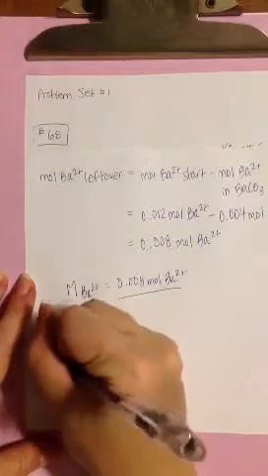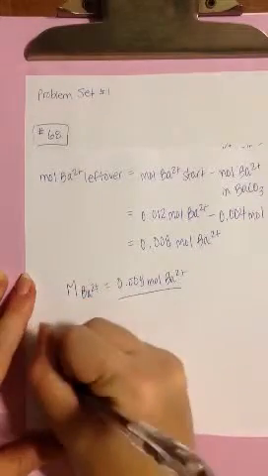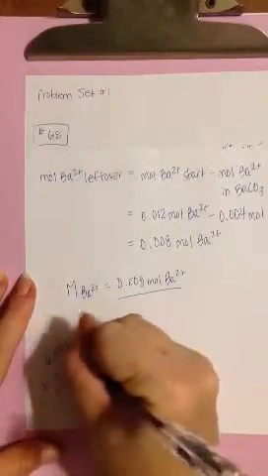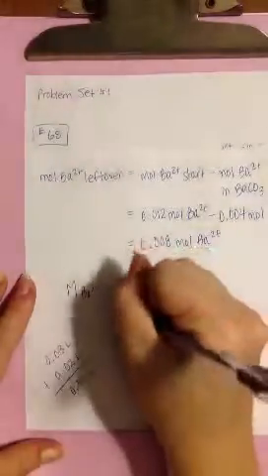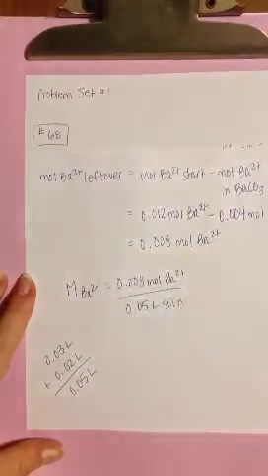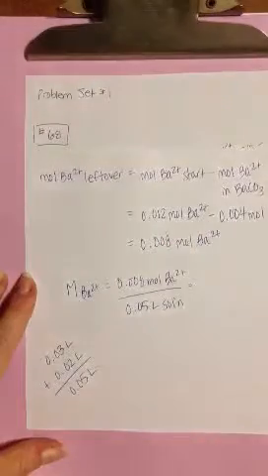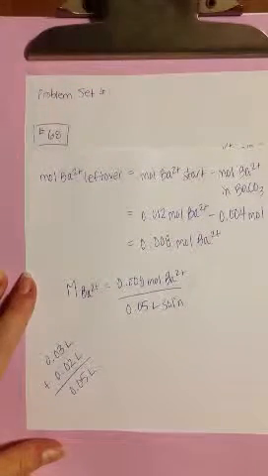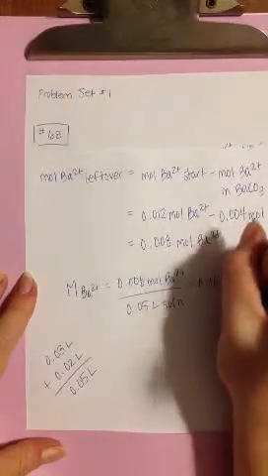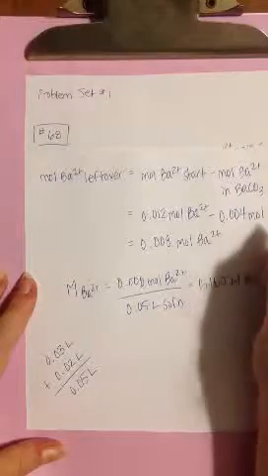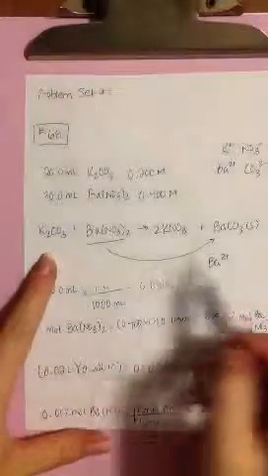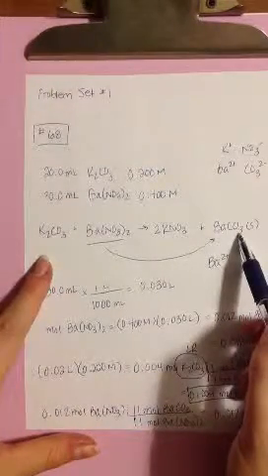Well, I know I had 0.03 liters plus 0.02 liters, so that would be 0.05 liters, also known as 50 milliliters of solution. And so when I do this math out, I get 0.160 molar Ba2+.